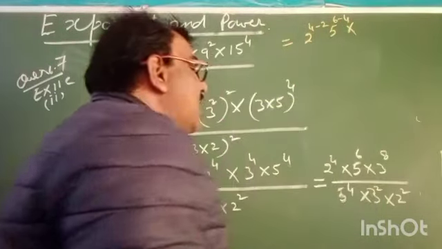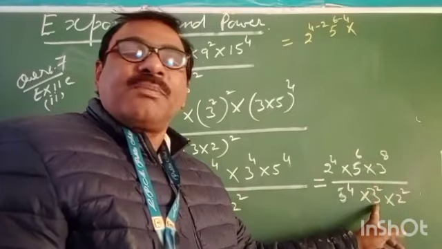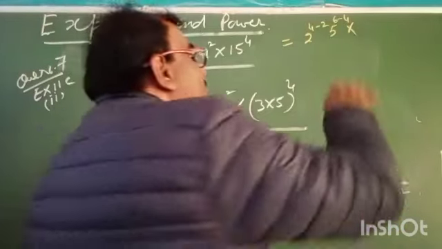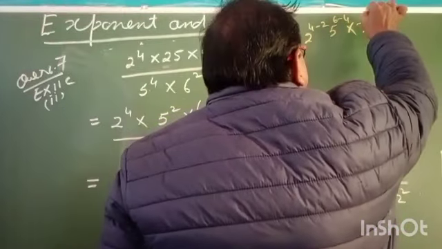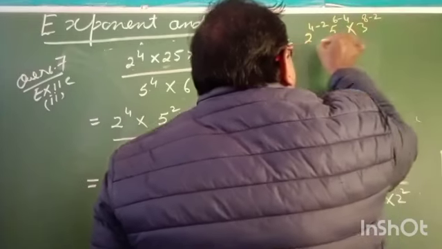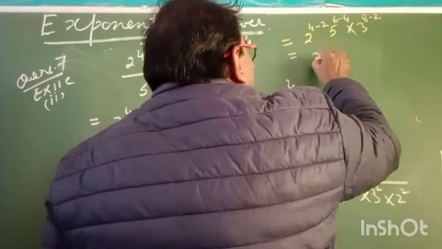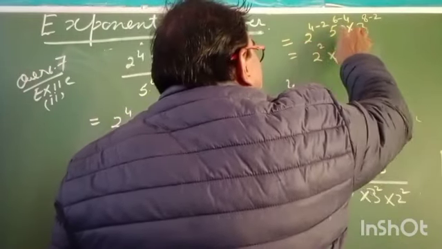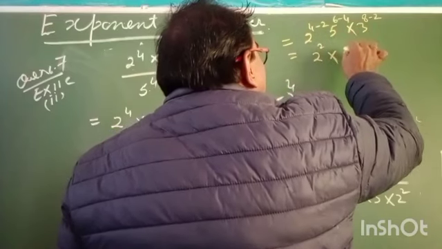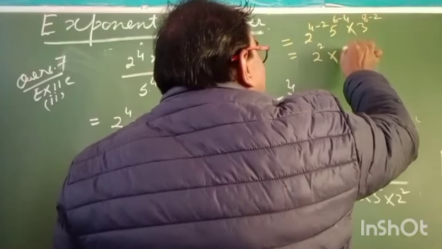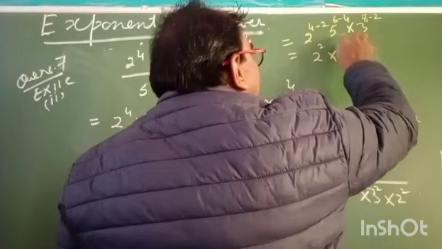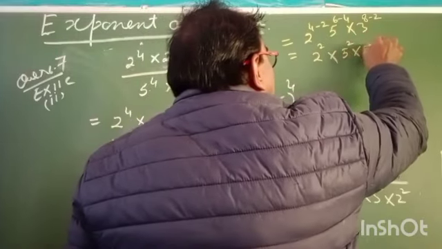Here the power of 3 is 8 and the power of 3 is 2, so it will be equal to 3 to the power 8 minus 2. So it will be equal to 2 square multiply 5 square multiply 3 to the power 6.